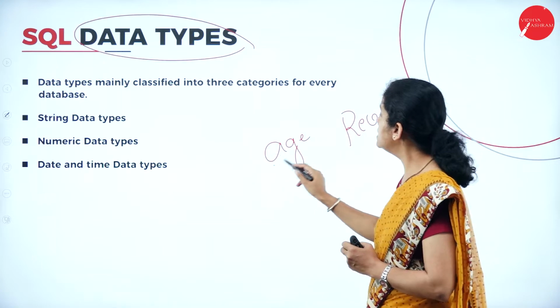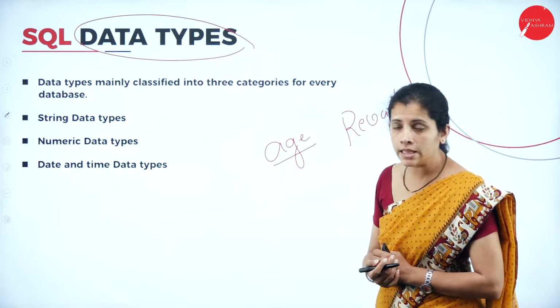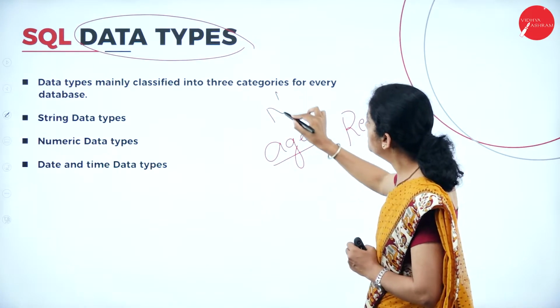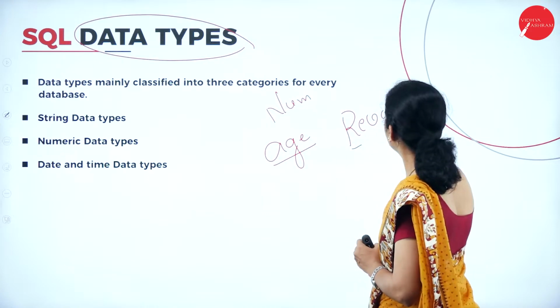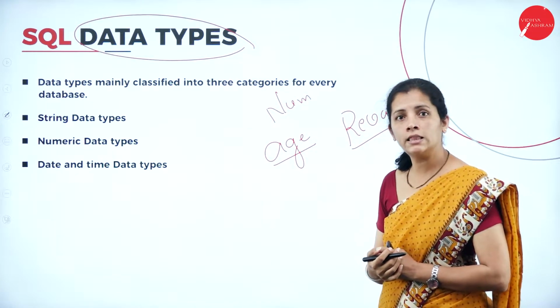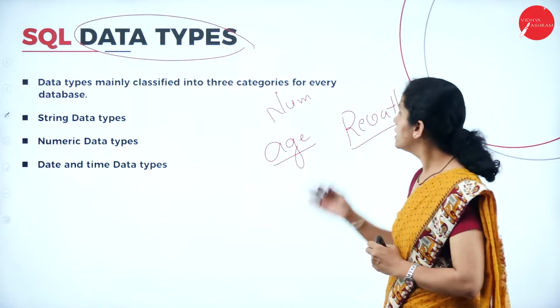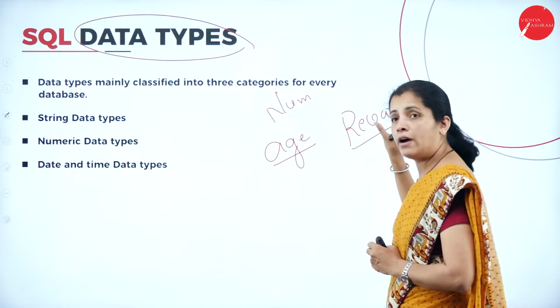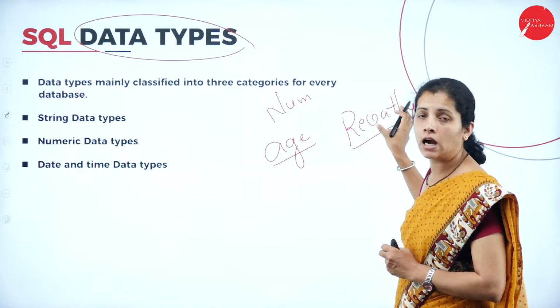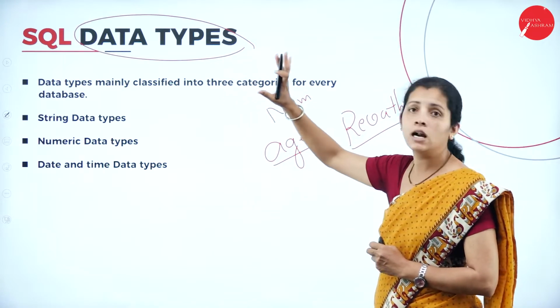Now, age is nothing but a number, and name is nothing but text. Now, to identify the kind of data, I require data type.